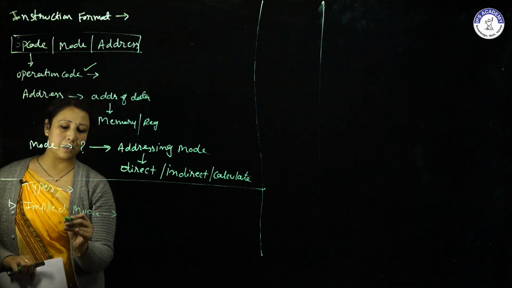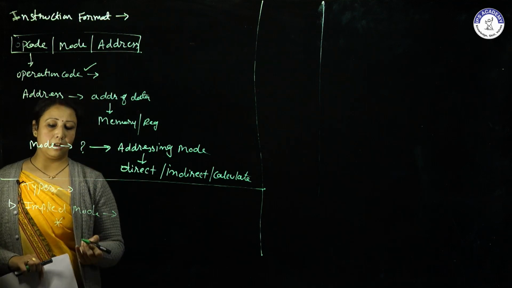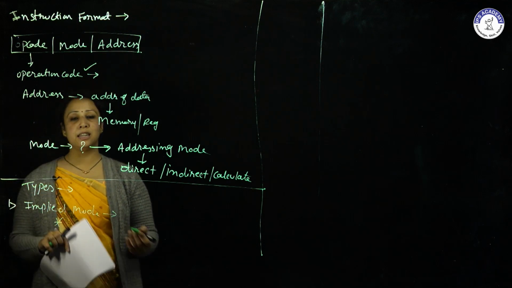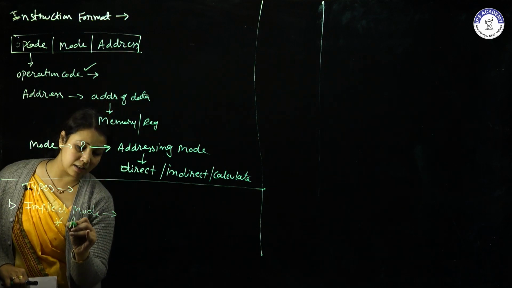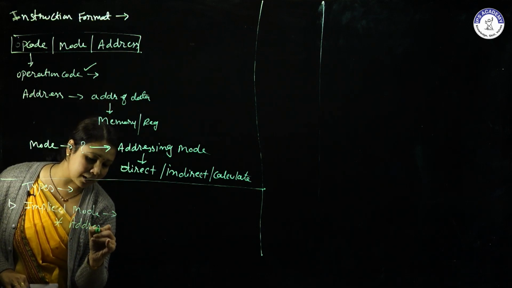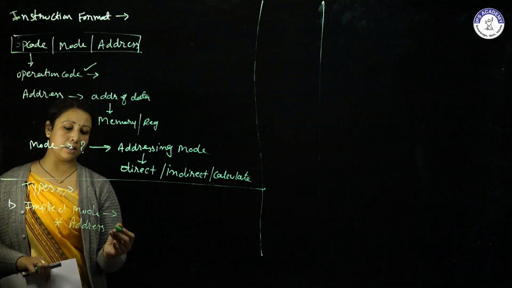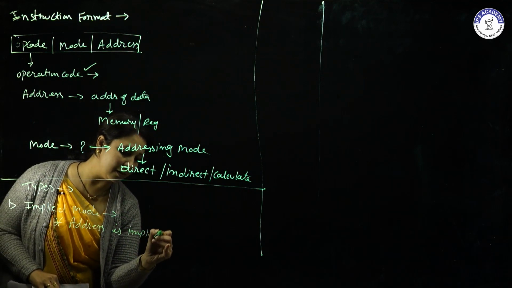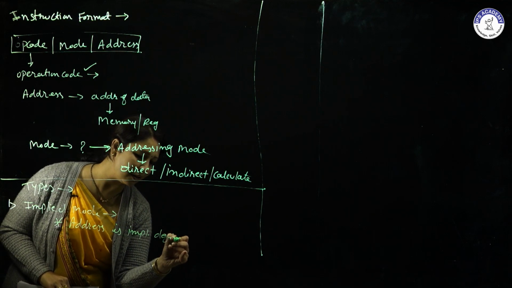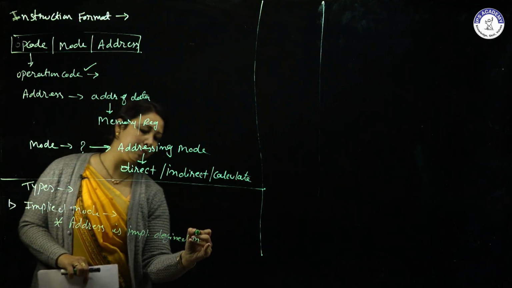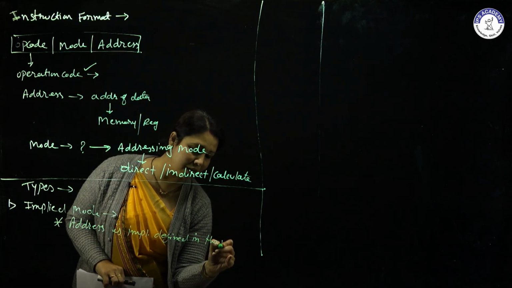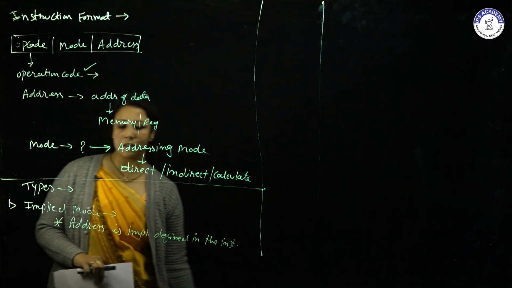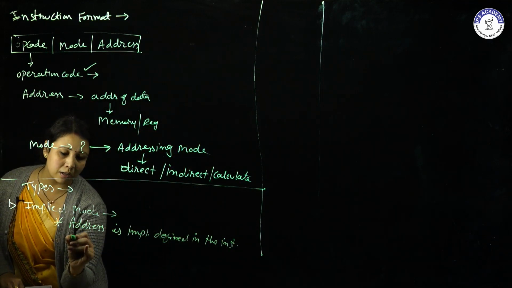Implied mode tells that the operands or the address are implicitly defined in the instruction.